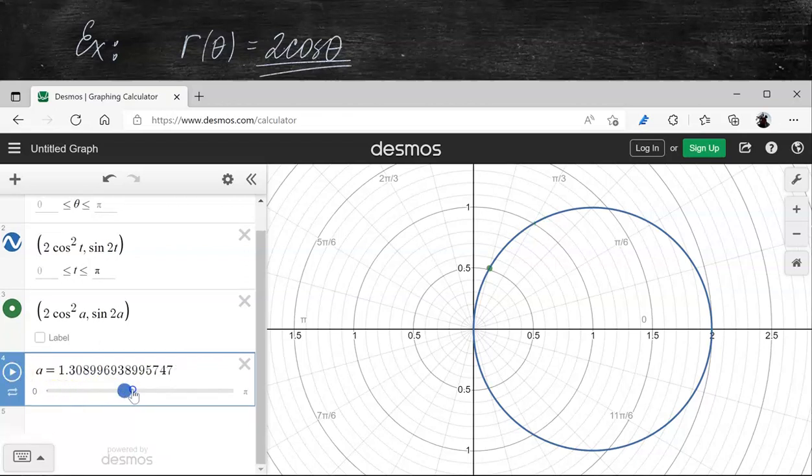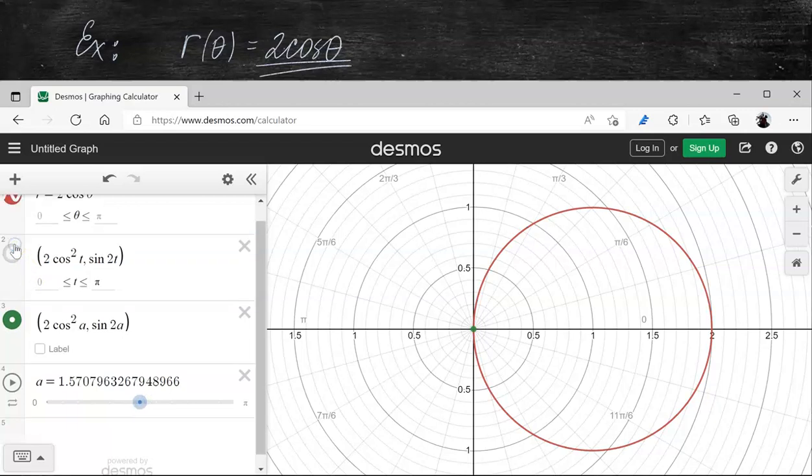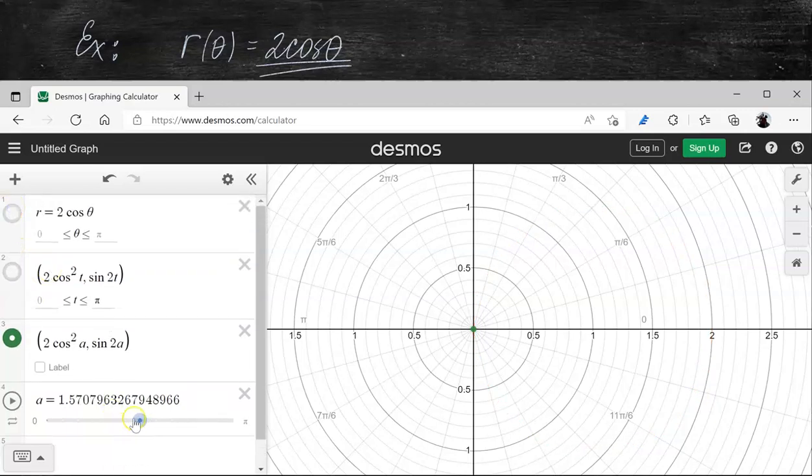So now we can turn this all off and just keep an eye on the dot. As a increases, as the parameter increases from 0 to pi, this is what happens.